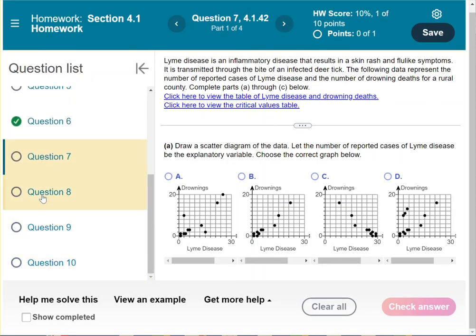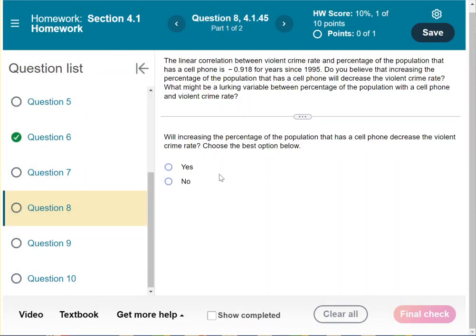Let's go on to number 8. It says the linear correlation between violent crime and percentage of the population that has a cell phone is negative 0.918. So it looks like we have a negative correlation. For the years since 1995, do you believe that increasing the percentage of the population that has a cell phone will decrease the violent crime rate?